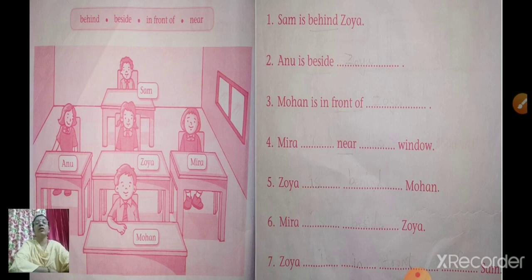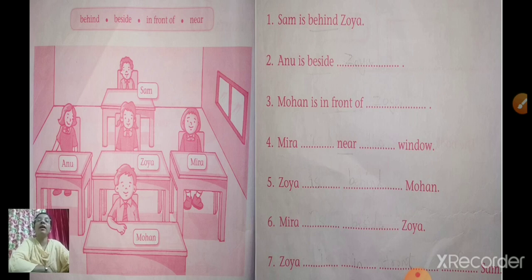First I will read the names of the children. The one who is sitting on the first bench is Mohan. Second is Mira, then Zoya, and then Anu. And who is sitting at the back? Sam.